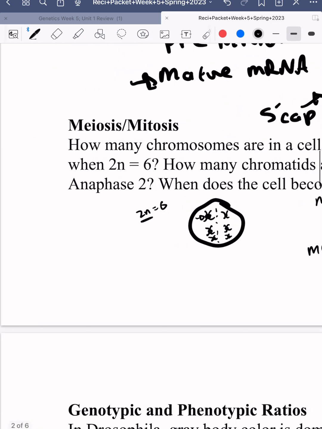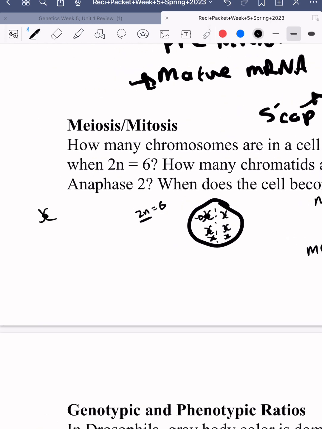Alright, so here, let's say we have a replicated chromosome. This is considered one chromosome because it has one centromere. The centromere is the defining factor for what is considered a chromosome. So this is one chromosome with two sister chromatids.